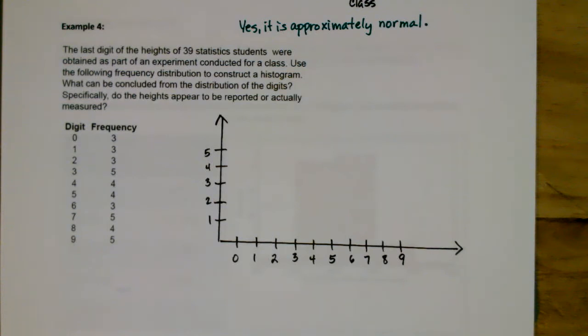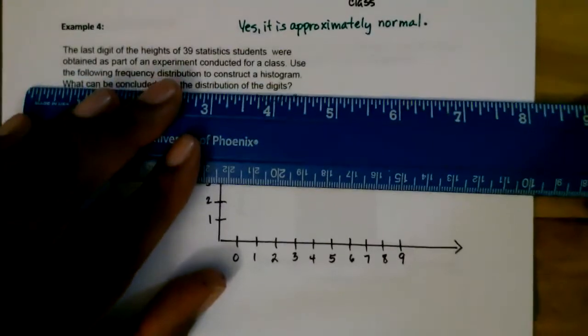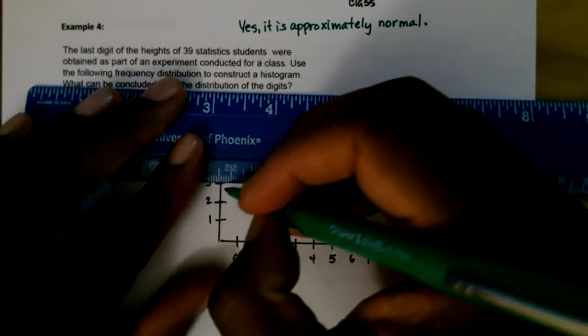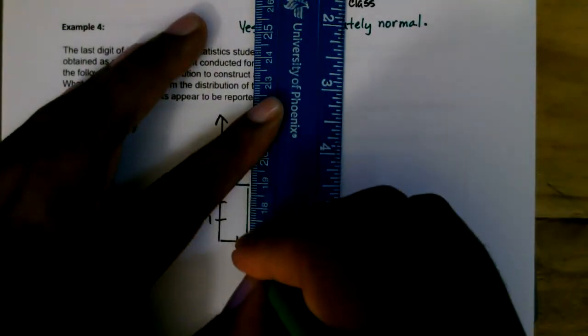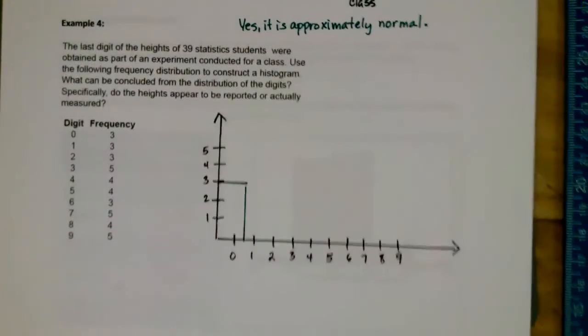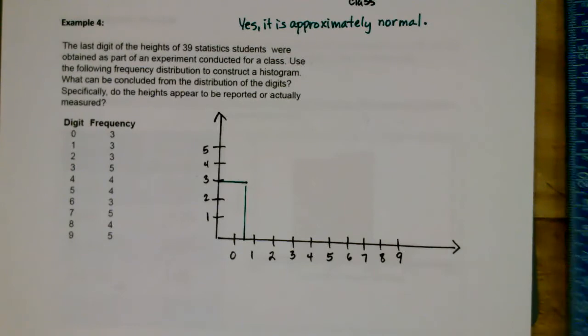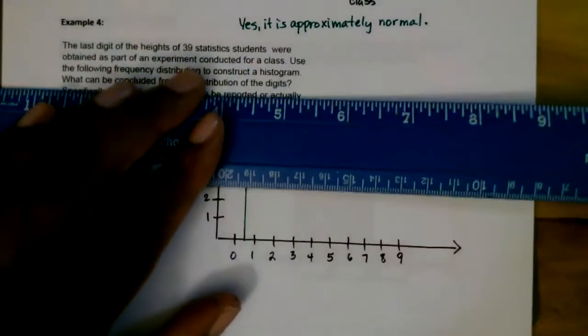In this case, for the digit 0, the frequency is 3, so the height of that bar will be at 3. And at 1, its frequency is also 3, and also at 2, that frequency is 3.